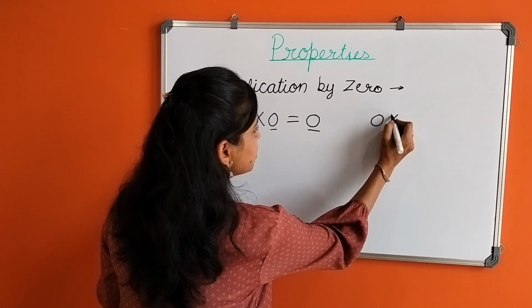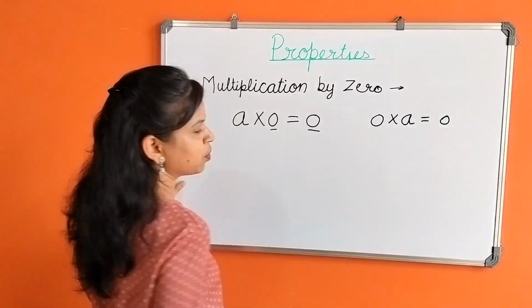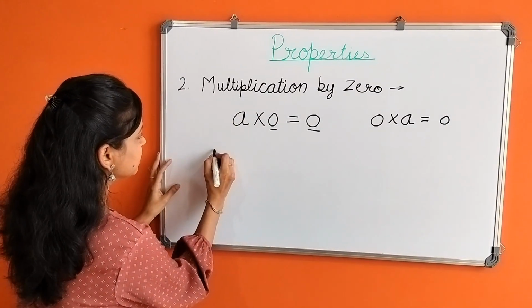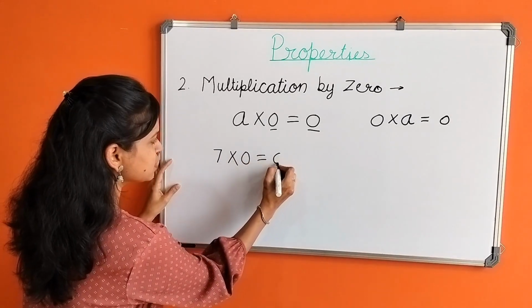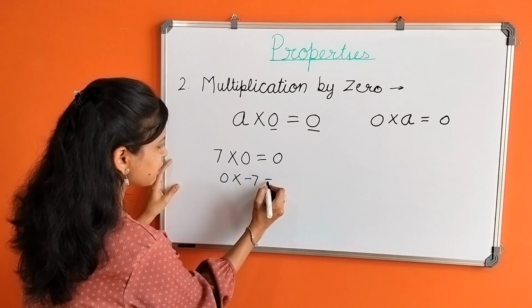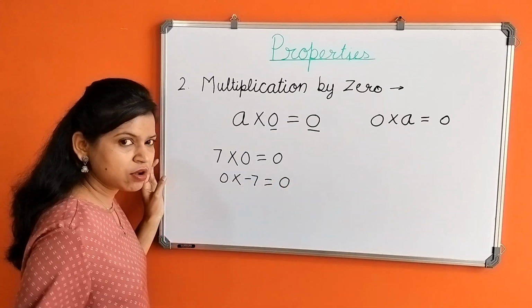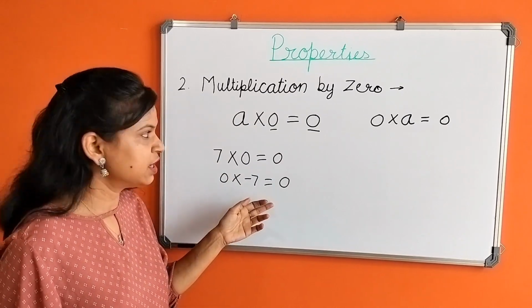Or 0 into any integer is also 0. Example, 7 into 0 is equal to 0. 0 into minus 7 is also equal to 0. So whenever we multiply any integer with 0, the answer will be 0.